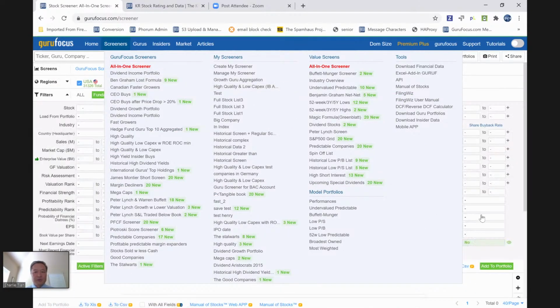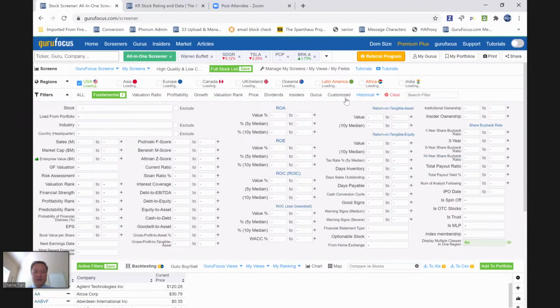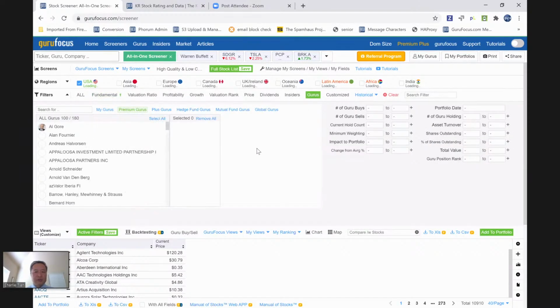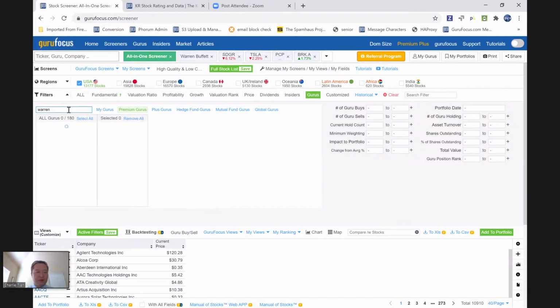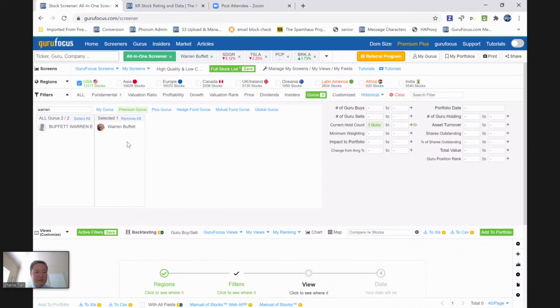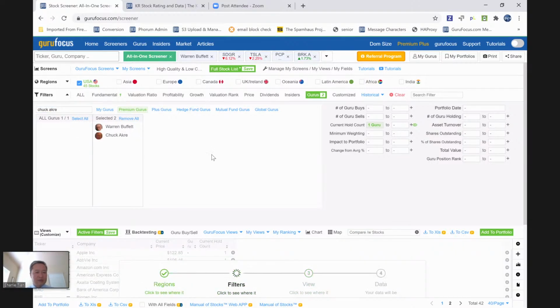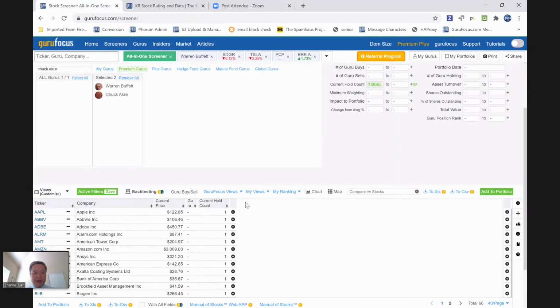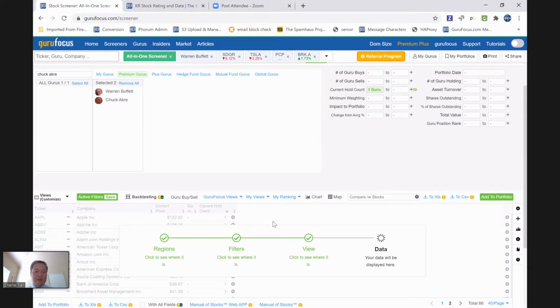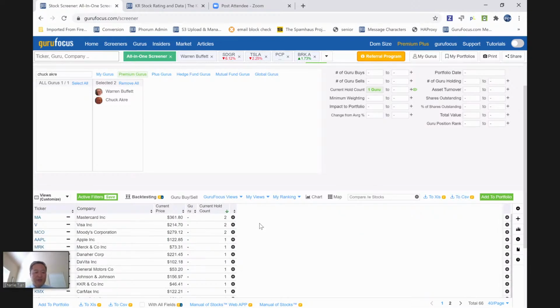If we come to our all-in-one screener, there's a Guru tab here. If I search a few gurus, I like, again, Warren Buffett, and then another one, for instance one I like, is Chuck Akre. I got two of them, and now I can sort their common holdings.